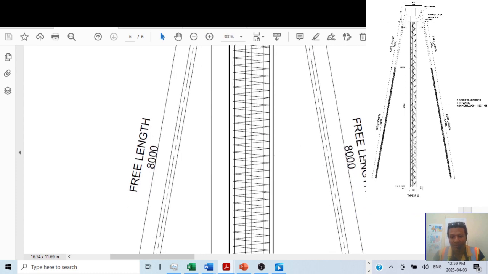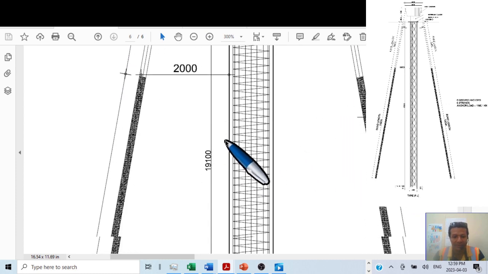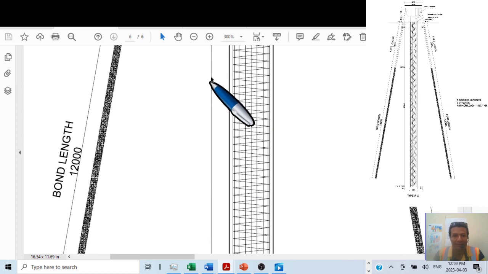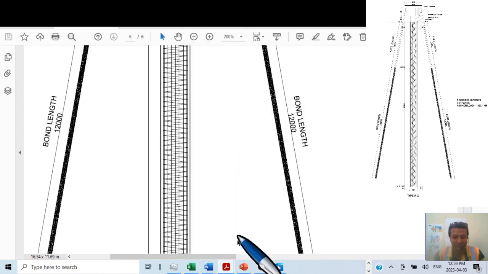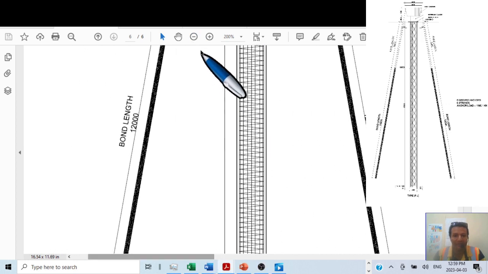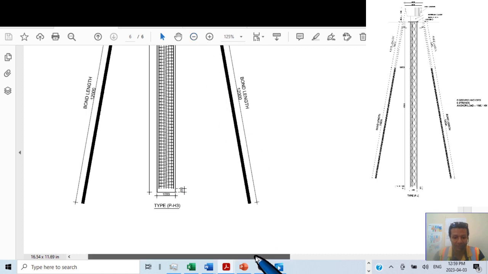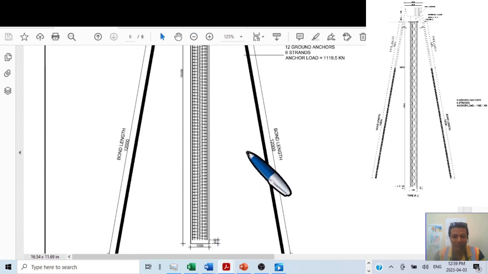So this is the free length, and this is the bonded length. You can see like this to see the whole idea.